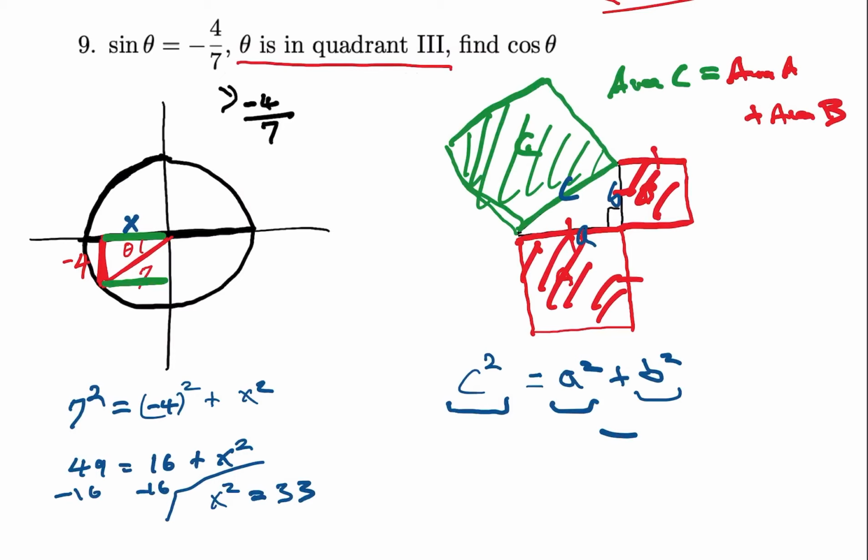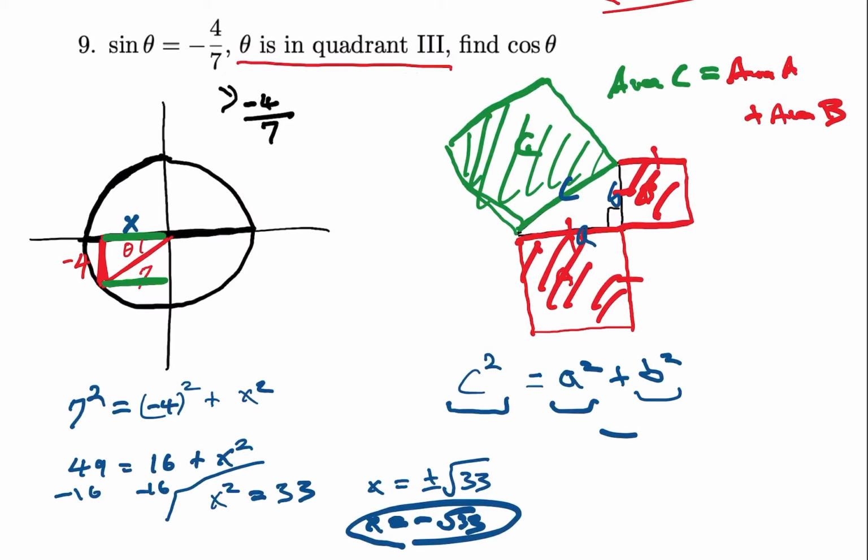So now we have to take a square root. If I take the square root, I get either plus or minus square root of 33. So here we have to consider that the distance is actually negative. So the distance has to be negative square root of 33.